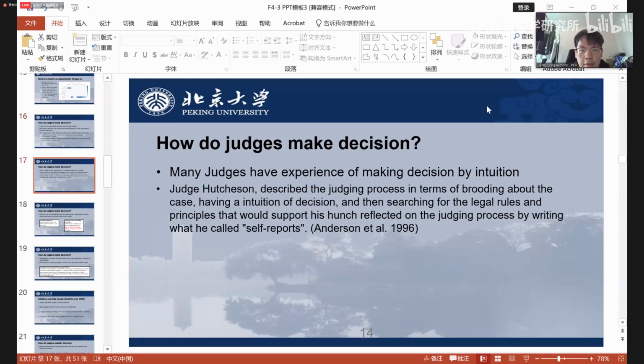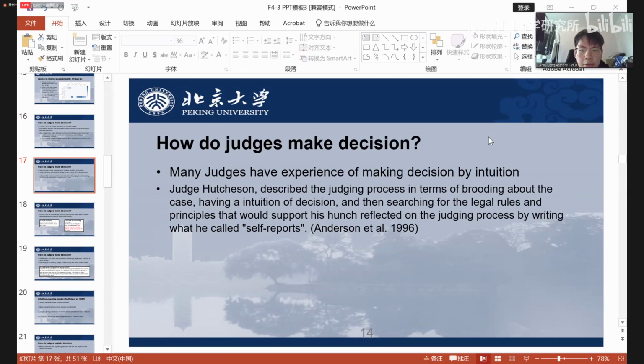Many judges report that they have the experience of making decisions by intuition. For example, Judge Hutchinson in the US described that the judging process may have several parts.